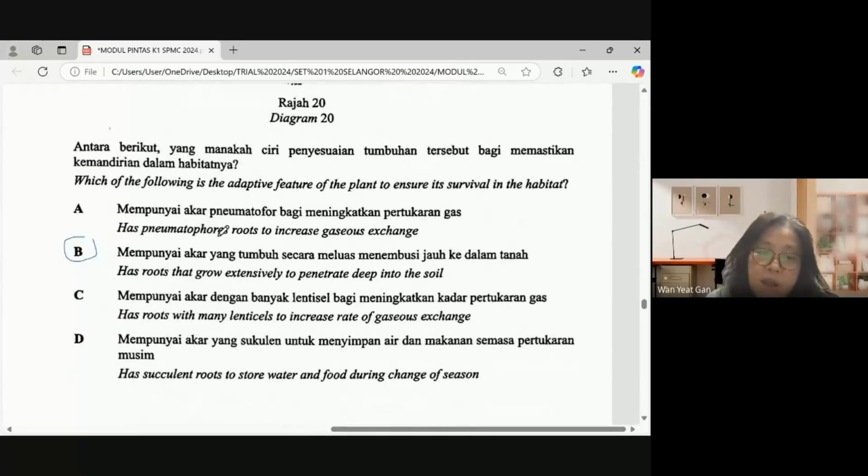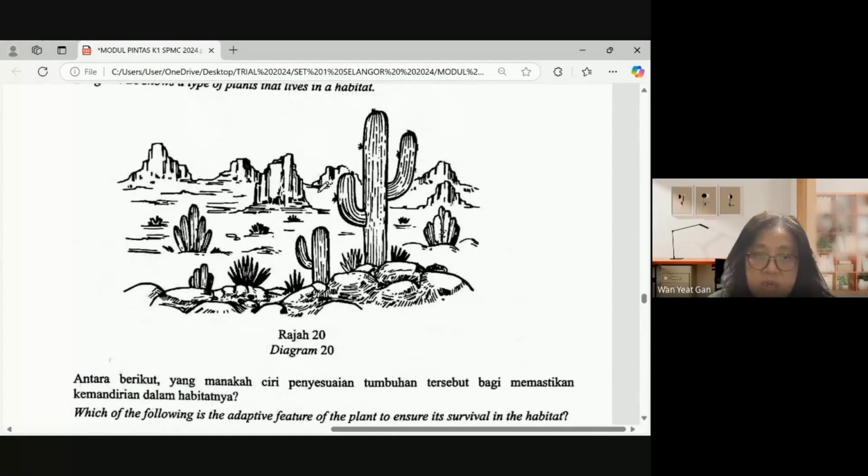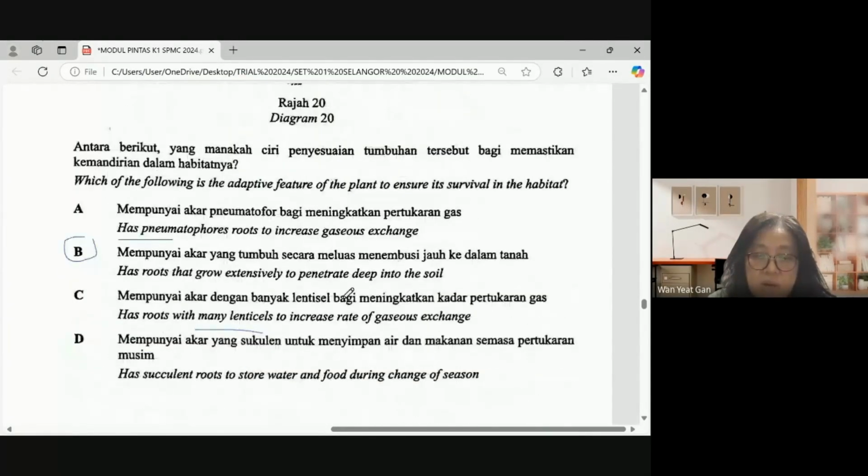Now plants that have pneumatophores or lenticels are usually found in the mangrove swamp; the mangrove trees, or the halophytes, have this type of characteristic. So for xerophytes, they have extensive roots to absorb water deep in the soil.